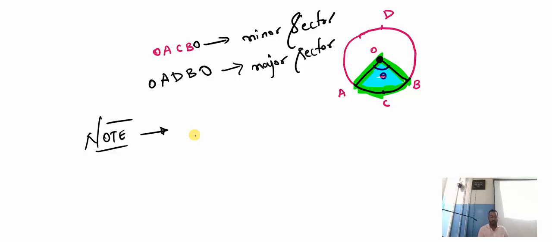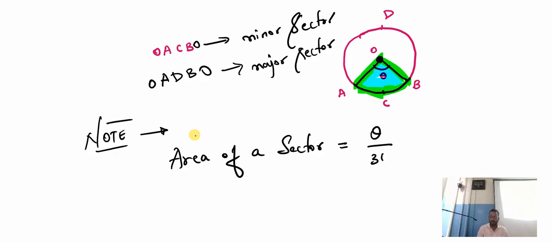Now let me see what formula we use to find the area of a sector. Make a note, very important formula. Area of a sector is equal to theta by 360 into pi r square.